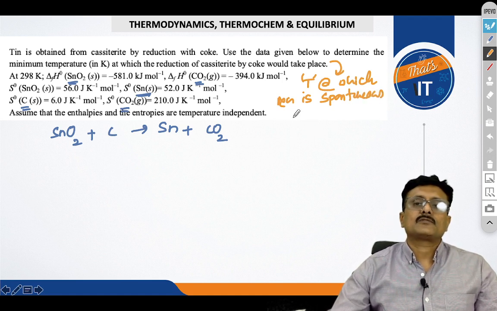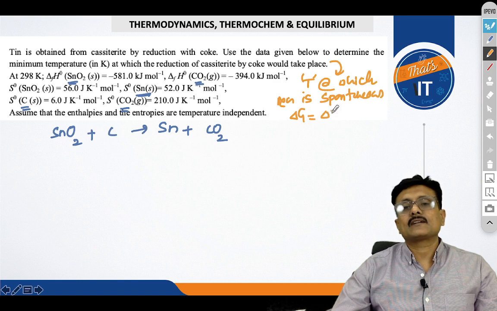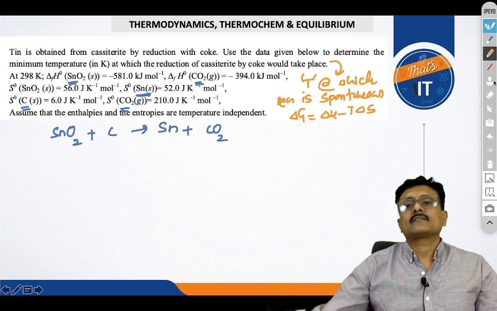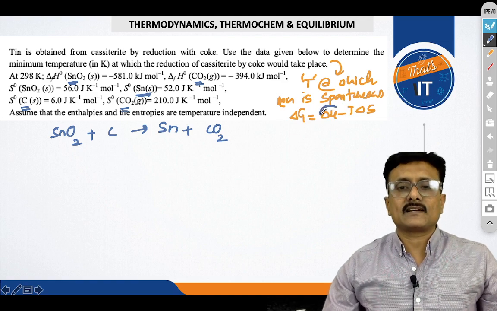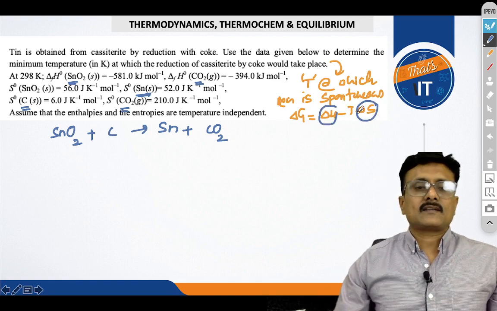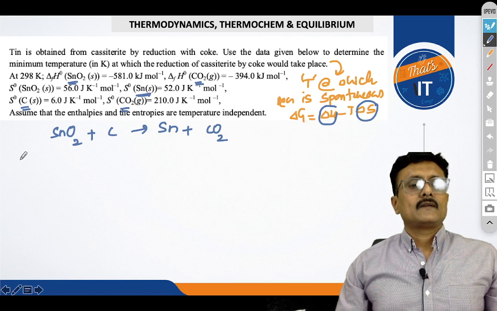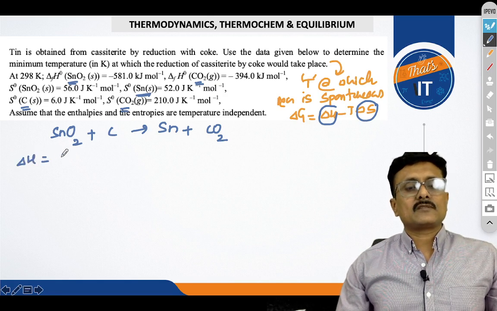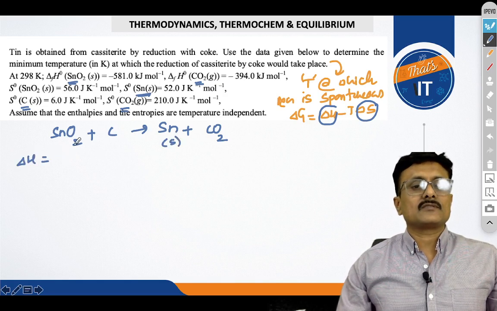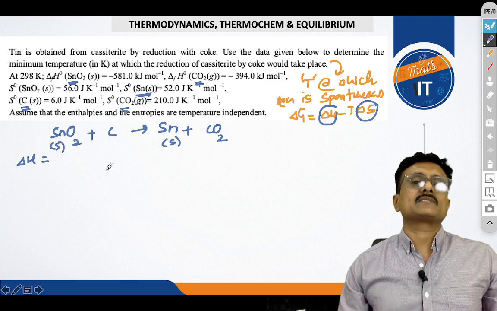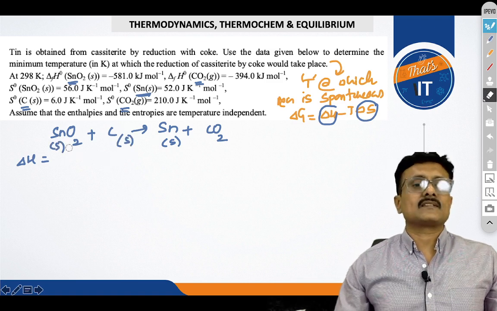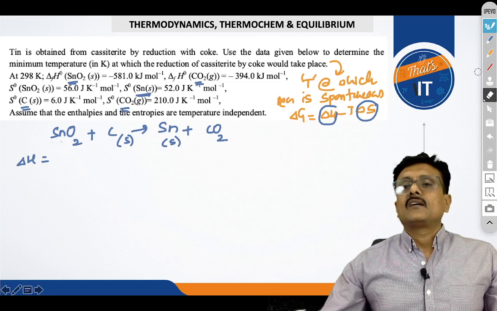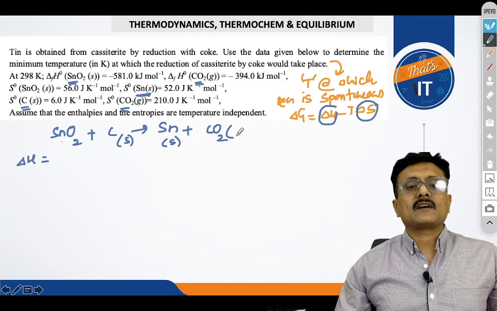Alright, so spontaneity is delta G equal to delta H minus T delta S. So first let me find out the values of delta H as well as delta S. So delta H equal to heat of formation of, this is solid, this is solid. For solids we take the heat of formation as 0, for elements in the standard state we take it as 0. So you have been given the heat of formation of carbon dioxide.